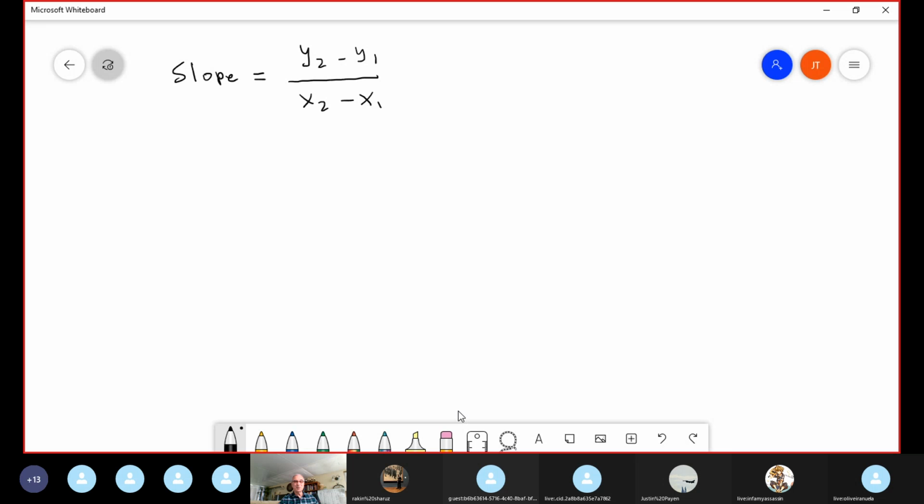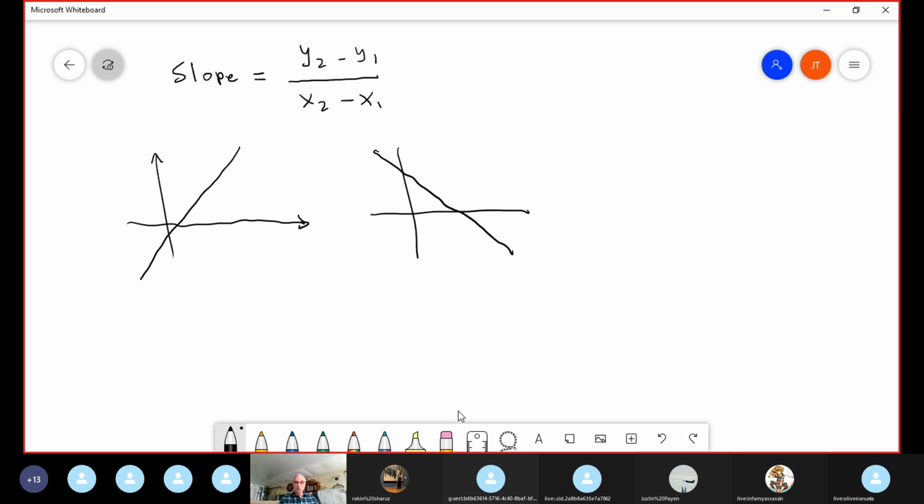And what is the interpretation for the slope? Slope is a number that gives information about the inclination of the line. Suppose like that, or like that. In this case, you have 2 points, given in the example, and you compute this formula.